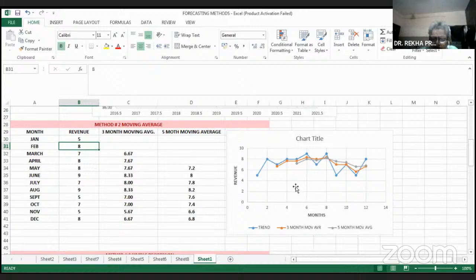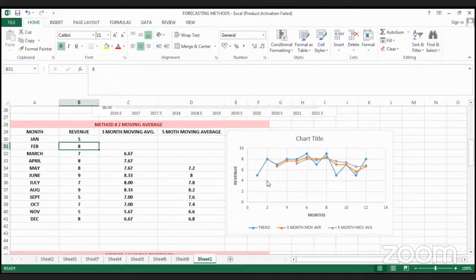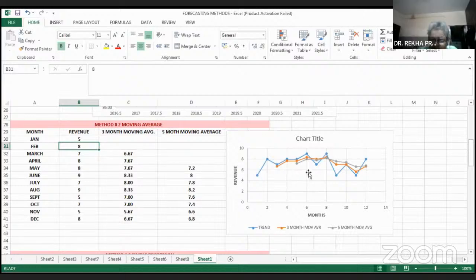So this is a graph for the moving average. This blue line is the actual trend line, which is this revenue. You can see it has been smoothened up. Red is for 3 months, and your gray is for 5 months. So 5 months is over here, the third one, this one. Can you see it?